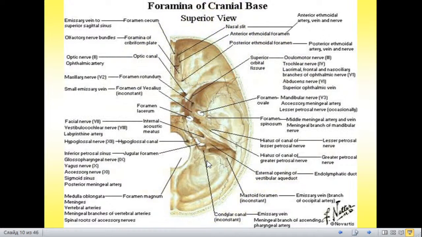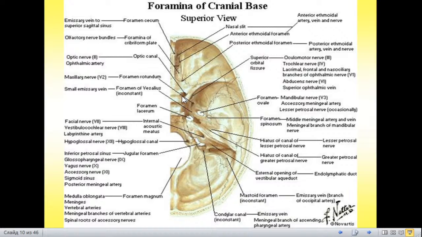Besides that, you have to know the sites of exit or entering of cranial nerves at the cranial base, and also we will mention from 1st to 12th. First cranial nerve, olfactory nerve, enters the skull through openings in the cribriform plate of the ethmoid bone. Then the second cranial nerve, optic nerve, enters via the optic canal.